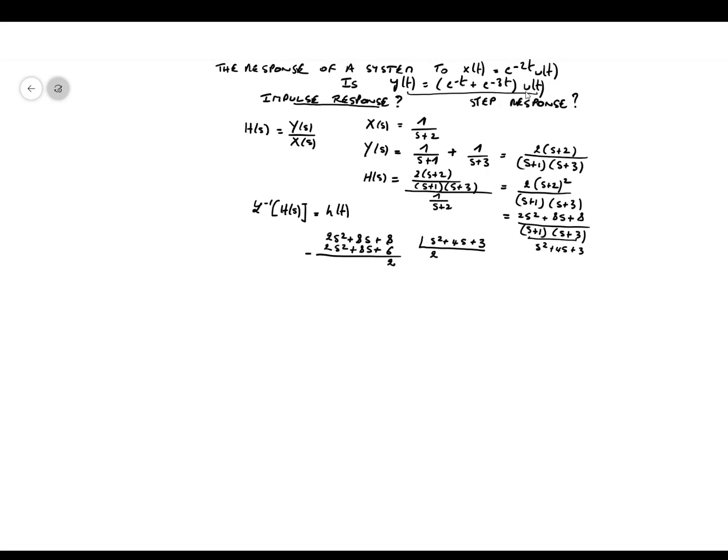Okay, so we can rewrite h of s as 2 plus 2 over s plus 1 and s plus 3, right? And now we have to do the partial fraction expansion of this one.